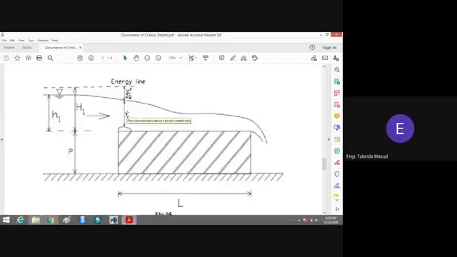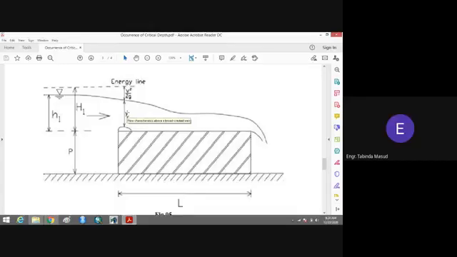Otherwise, it will not. So always remember, whenever there is a weir, you must not think that the depth of the flow will definitely be the critical depth. It all depends upon the design, and we will, inshallah, discuss in our next class what should be the height of the weir in order to have the critical depth of the flow over the weir.